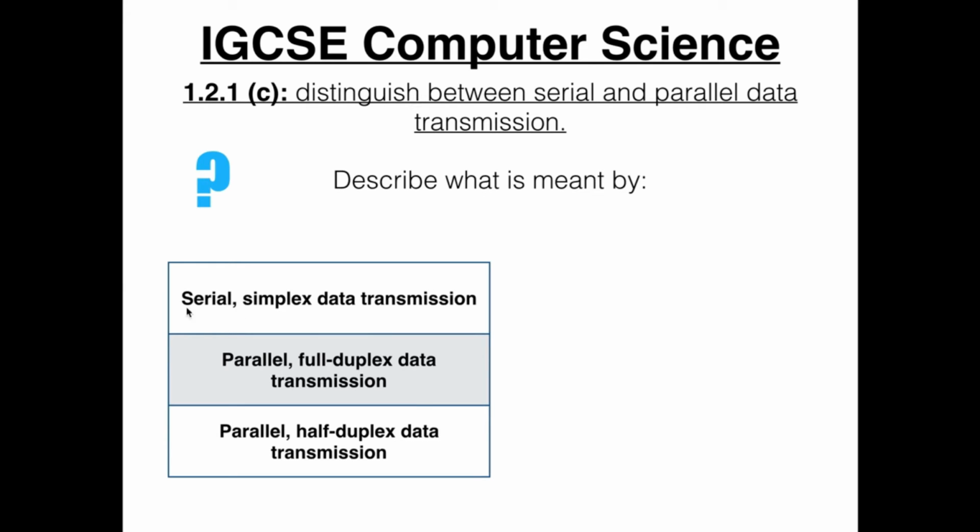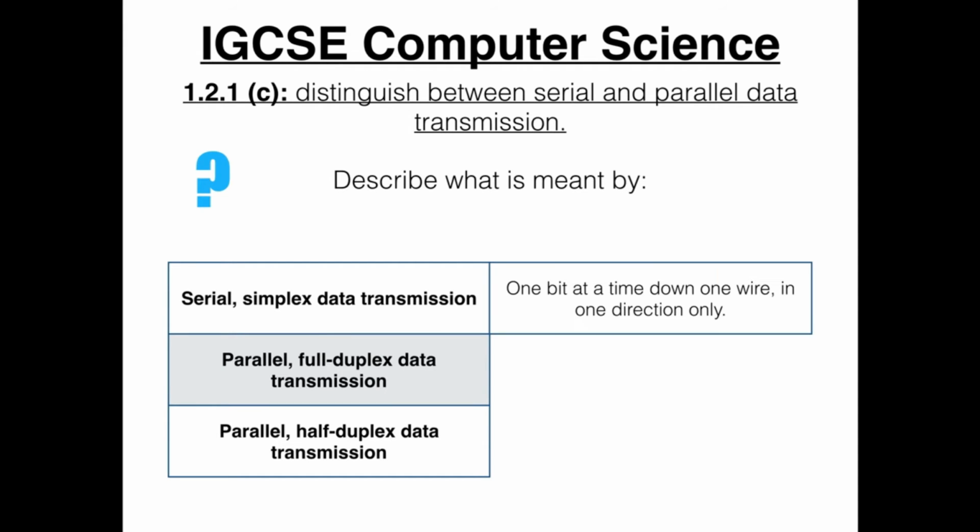When we think of serial simplex data transmission, serial, remember, is one bit at a time down a single wire, and simplex, if you recall, is in one direction. So our answer is one bit at a time down one wire in one direction only.